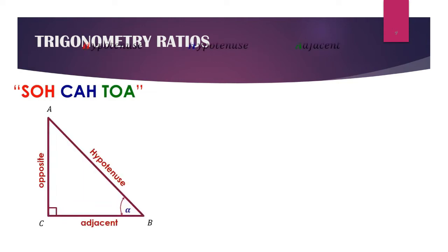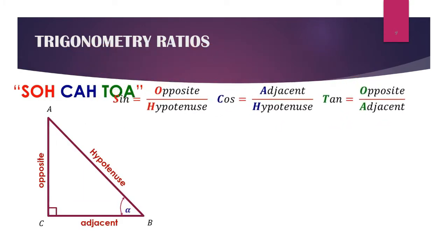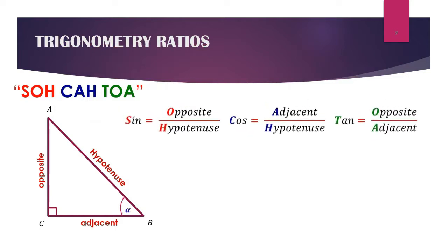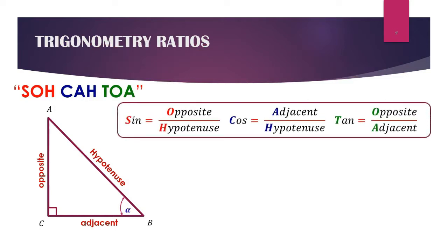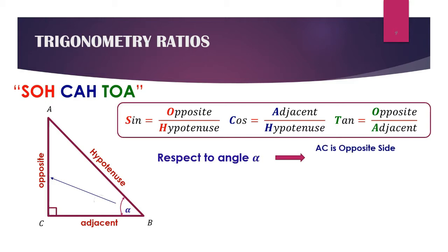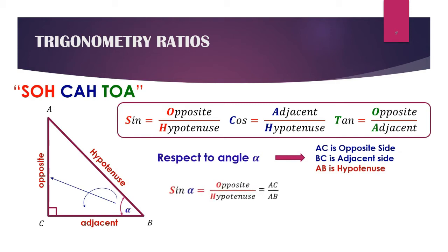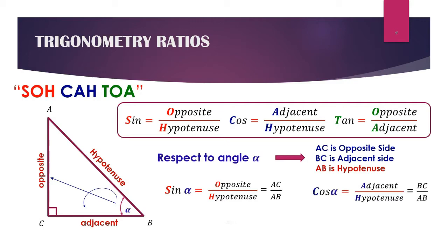Sine is opposite over hypotenuse, cosine is adjacent over hypotenuse, and tangent is opposite over adjacent. With respect to angle alpha, AC is opposite side, BC is adjacent side, and AB is hypotenuse. So sine alpha is AC over AB, cosine alpha is BC over AB, and tangent alpha is AC over BC. That's very clear.